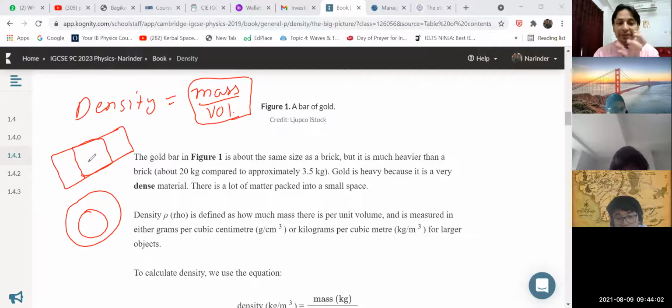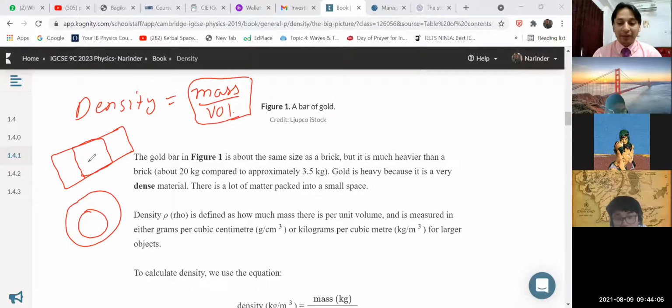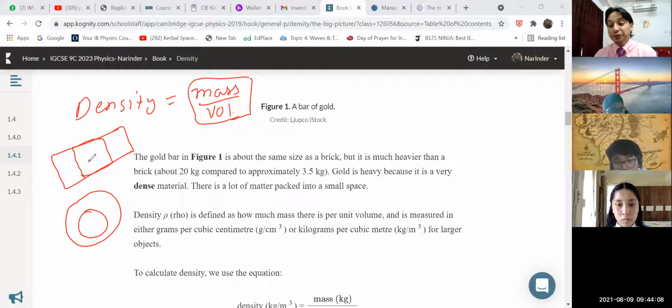Then we find that in the same volume, the distribution of mass is different in wood and in stone. It means the materials that are denser have more composition or more distribution of atoms or particles in the same volume as compared to wood. Why is the density of stone higher compared to wood?